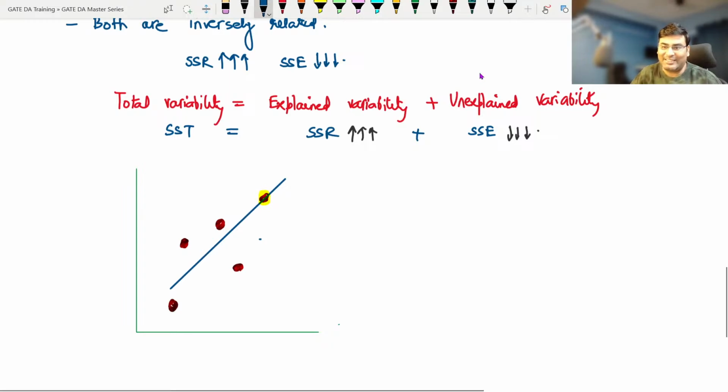So look at this particular example. Tell me what is the SSE here? Just talk about one data point. What is SSE here? Come on, guys, please ping in the chat. I'm having so many people in the chat. Anybody can quickly tell me. You will see that since the line is passing through the data point, SSE will be 0 and SSR will be 100%. Right?